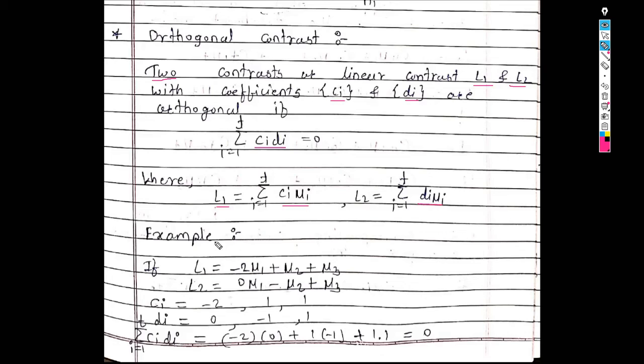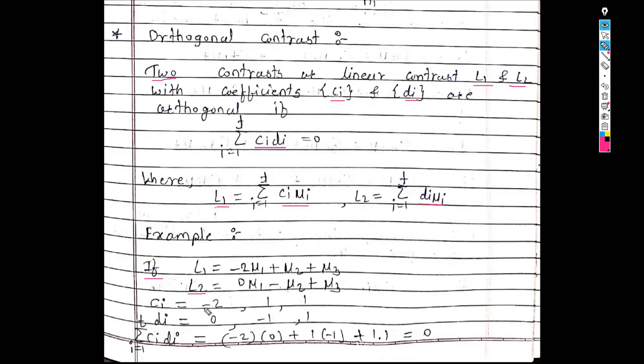Here we will discuss one example. Suppose our first linear contrast is minus 2 mu 1 plus mu 2 plus mu 3. In this first linear contrast our coefficients are minus 2, 1 and 1. The second linear contrast is 0 into mu 1 minus mu 2 plus mu 3. In this second linear contrast we have coefficients 0, minus 1 and plus 1. We say that these two linear contrasts are orthogonal if the sum of the products of the coefficients is 0.